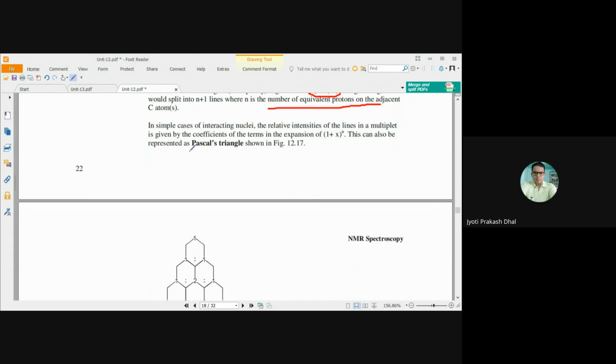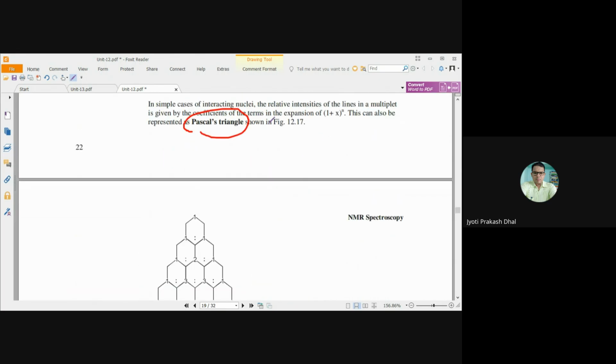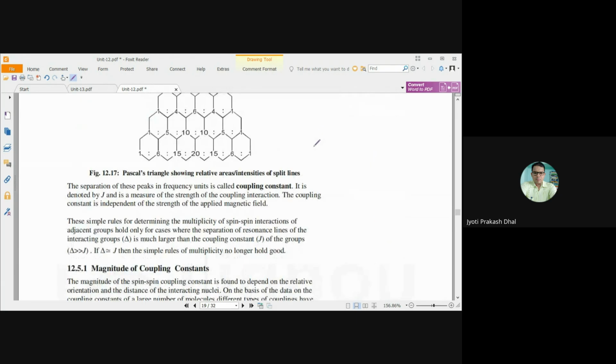And in such cases, the intensity ratio is governed by the Pascal triangle. You can see, this is the Pascal triangle, which is given by the coefficients in the expansion of (1 plus x) to the power n.